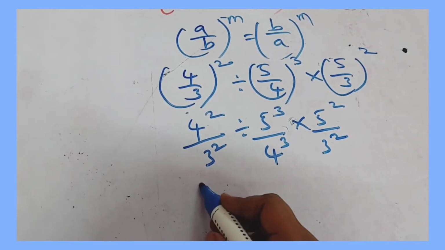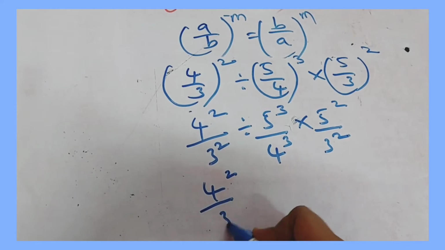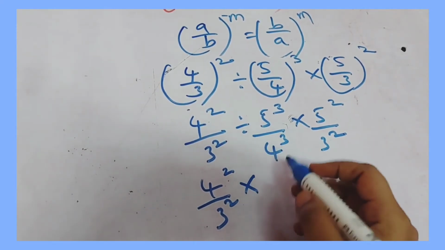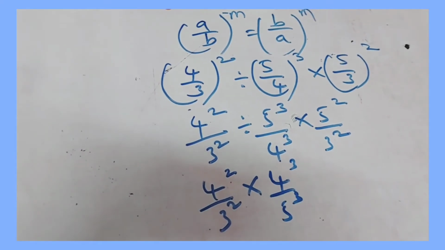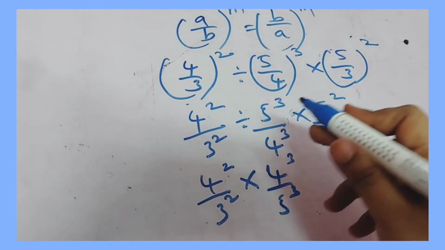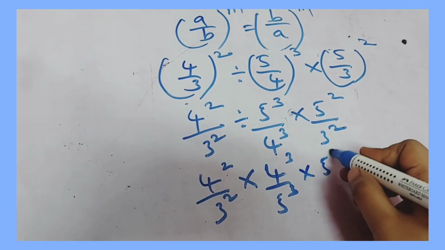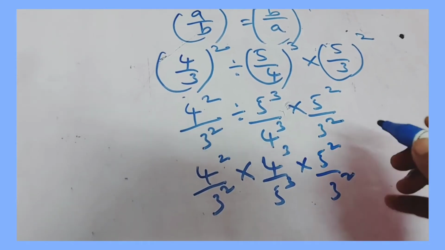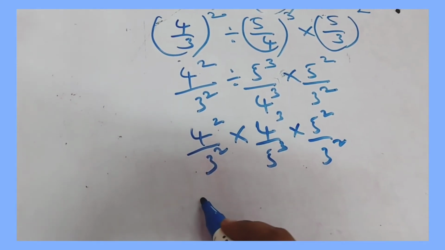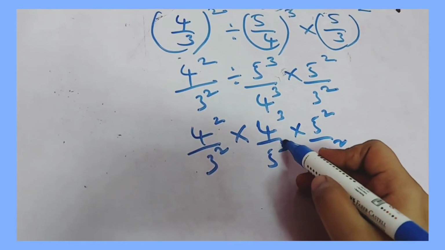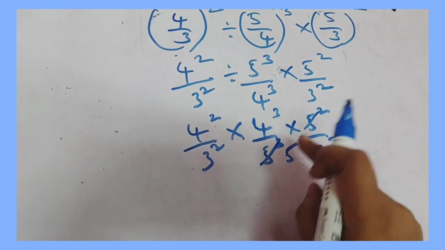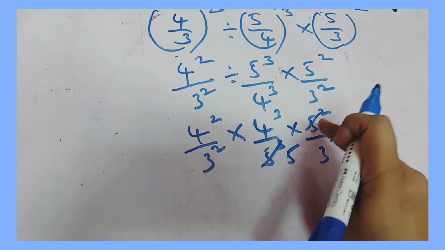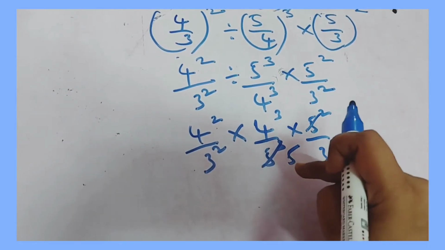Now what you have to do for division in fractions? Again you have to do reciprocal. You have to take 4 cube by 5 cube into, and you have to take the reciprocal, 5 square by 3 square. So now these 5 cube and 5 square get cancelled and 5 is left here. 5 square, 5 into 5, 5 into 5 into 5.